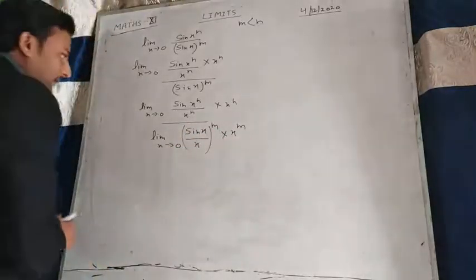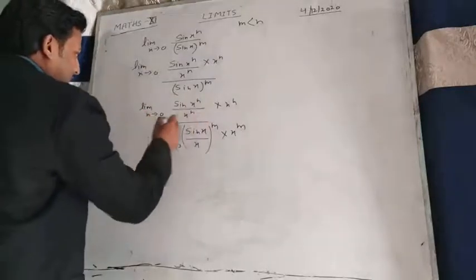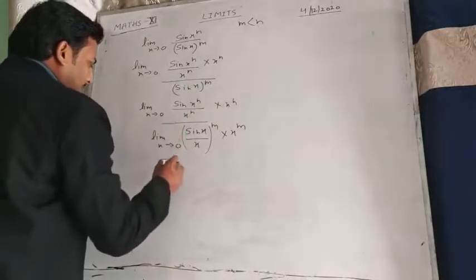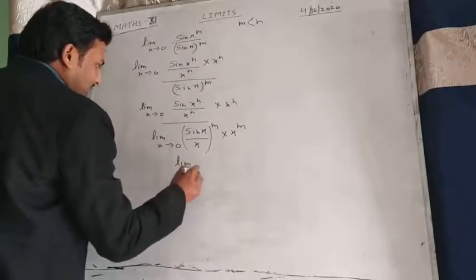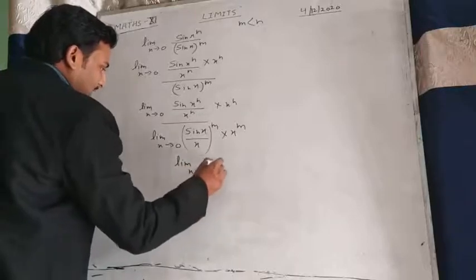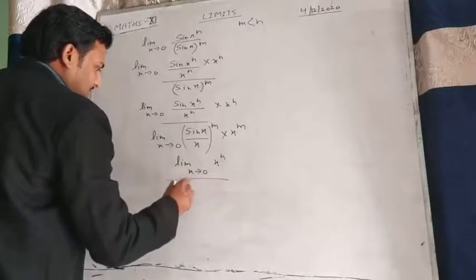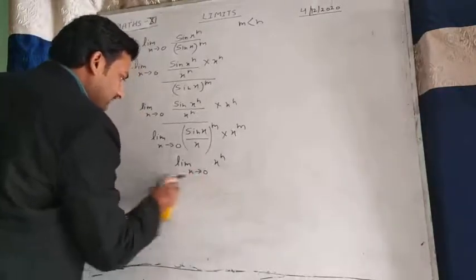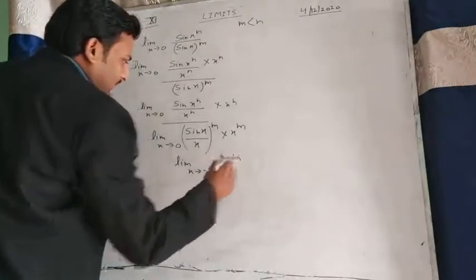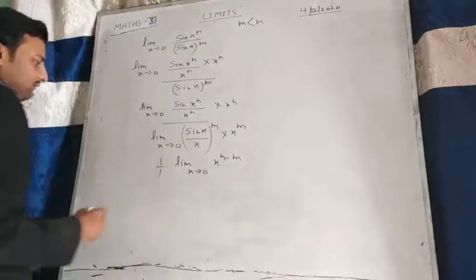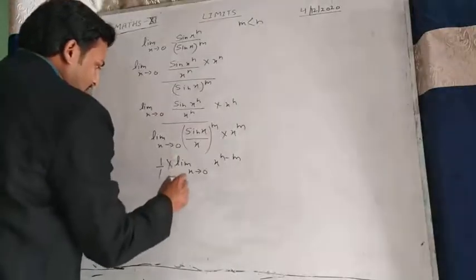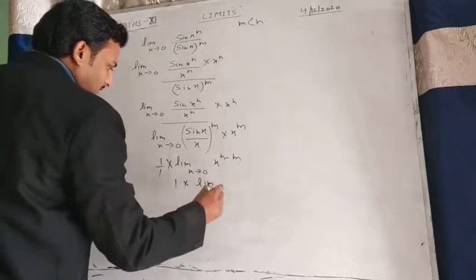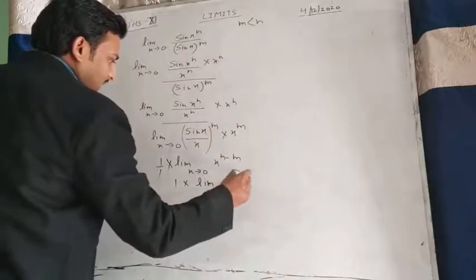Now, students, we can see that this part is equal to 1 and this part is also equal to 1, so we can write limit x tends to 0 of x^n by x^m, which is x^(n minus m), and here it is 1 by 1. Now 1 into limit x tends to 0 of x^(n minus m).